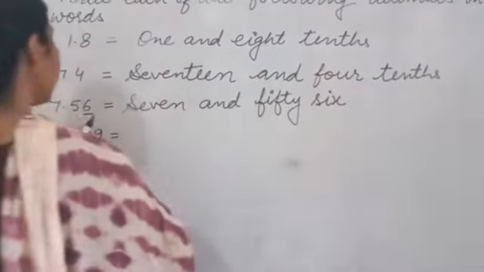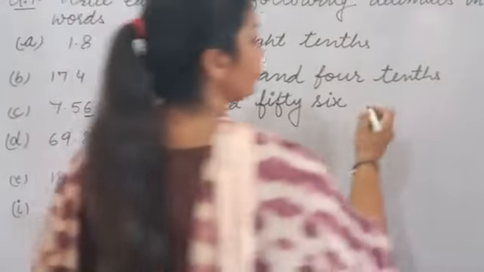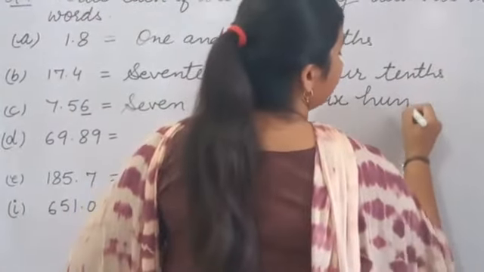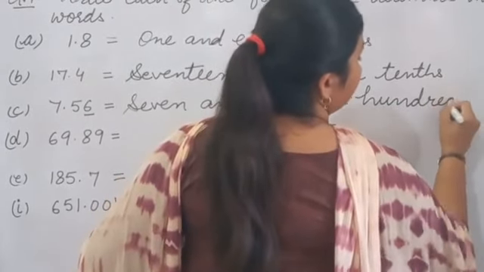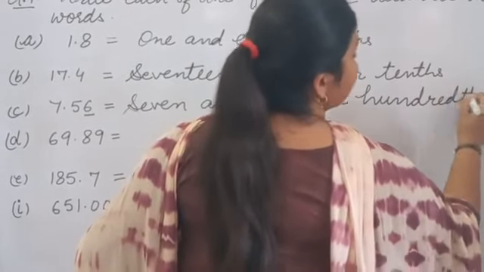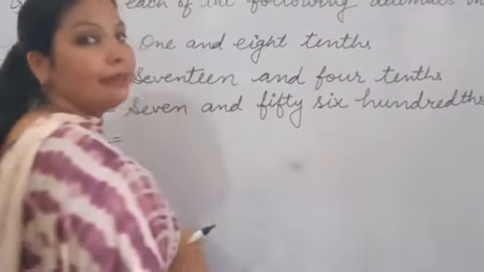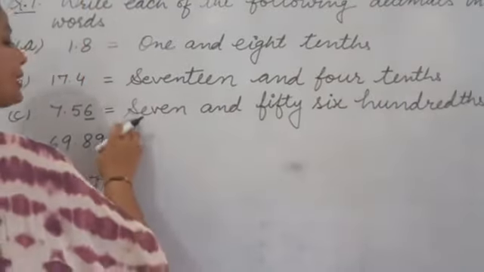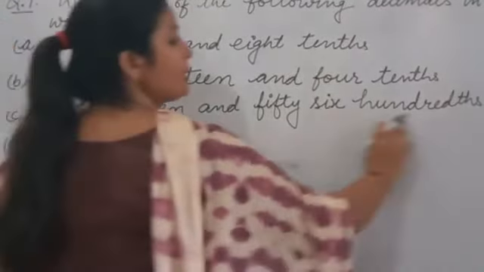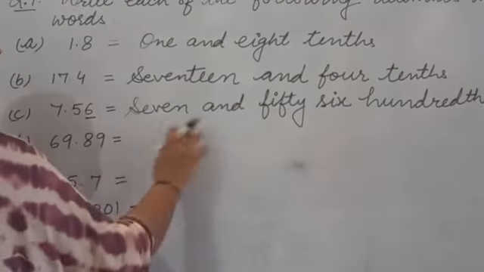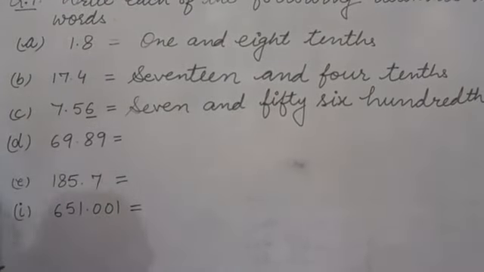Now, which place is that? That is hundredths. So we write here hundredths. The h will be small, not capital. Only the first letter is capital; after that, all will be small. Okay, so 7 and 56 hundredths.